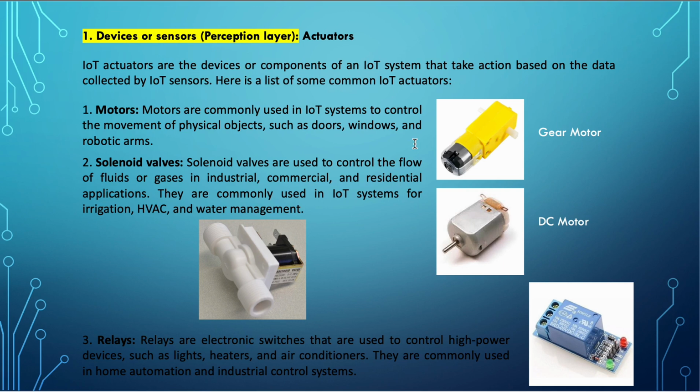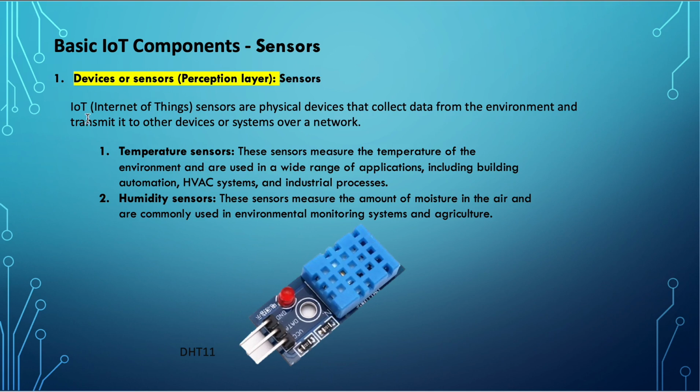This is what we talked about when defining these things, right? IoT sensors are physical devices that collect data from the environment and transmit it to other devices and systems over the network. So that means these are going to be networked.